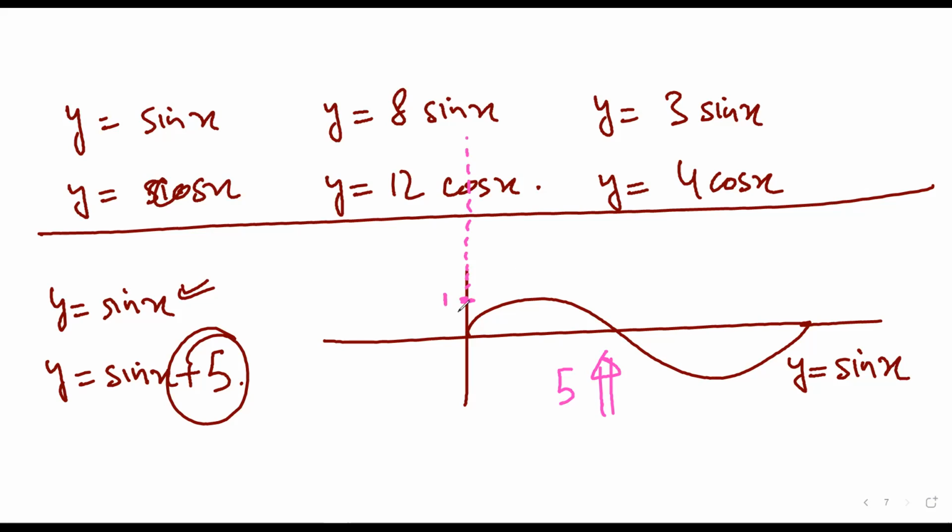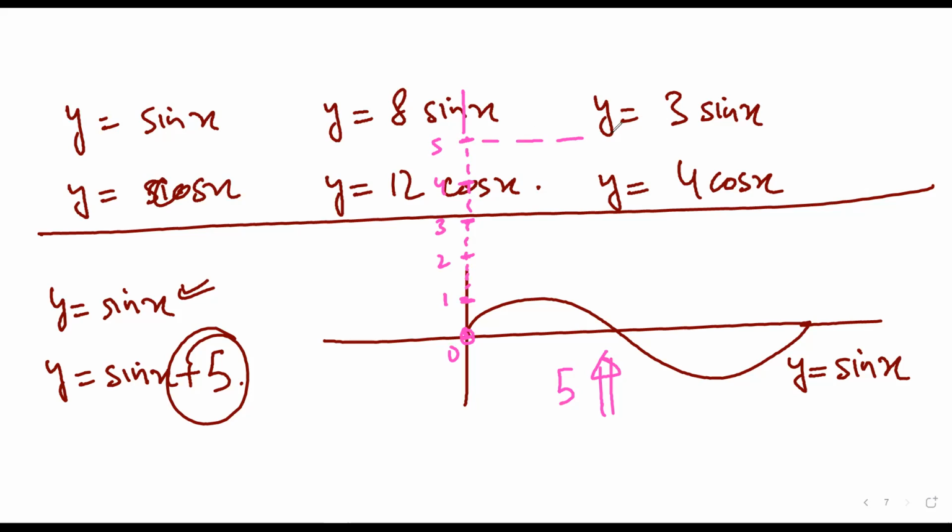So this point will be raised by 5 units. So this would be the first unit, second, third, 4, 5. So 2, 3, 4, 5.